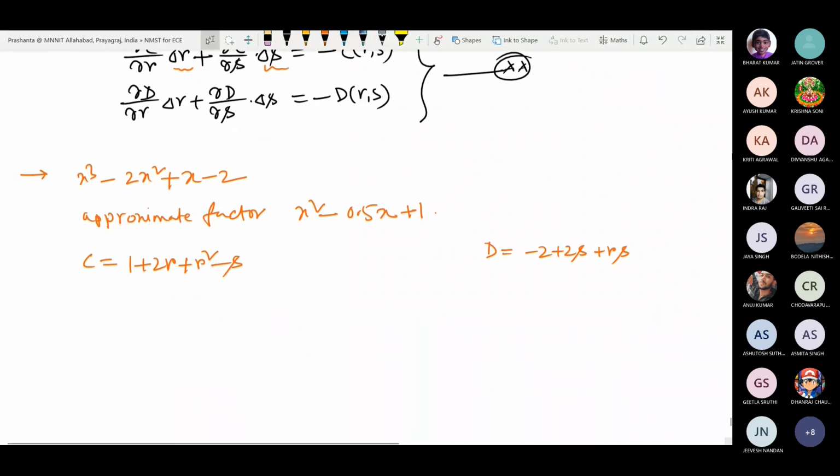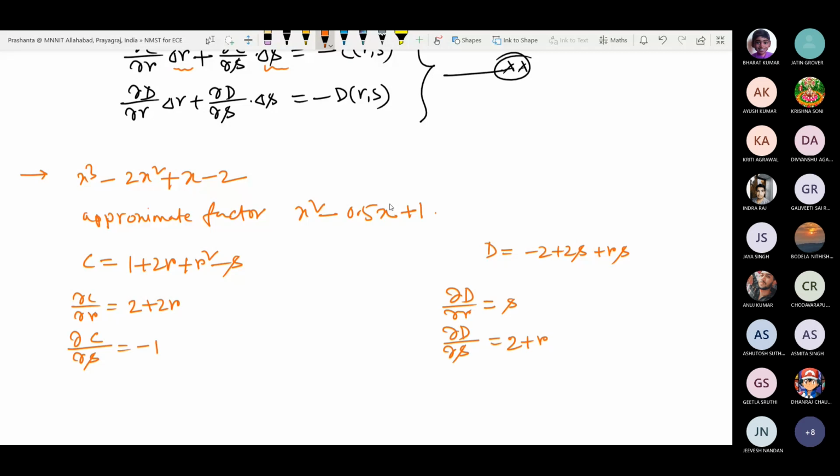So you calculate del C by del R and del D by del R, del C by del S, del D by del S, because those are involved in the system of equations. So del C by del R is 2 plus 2r. Del C by del S is minus 1. Del D by del R is s, and del D by del S is 2 plus r.